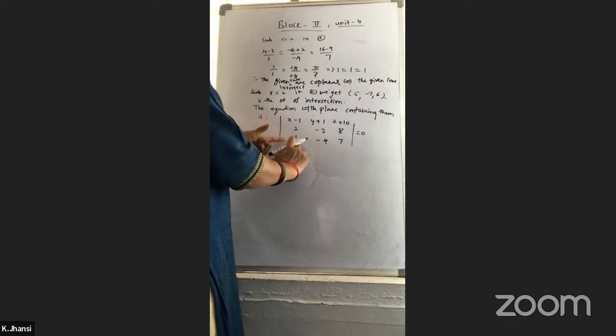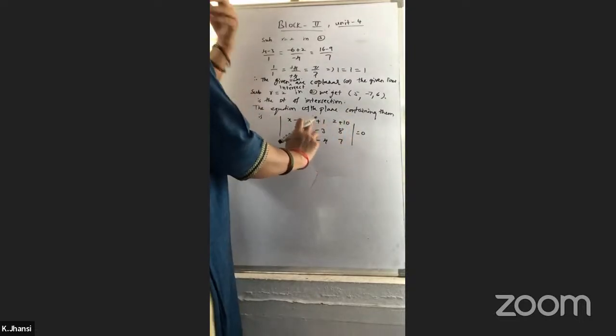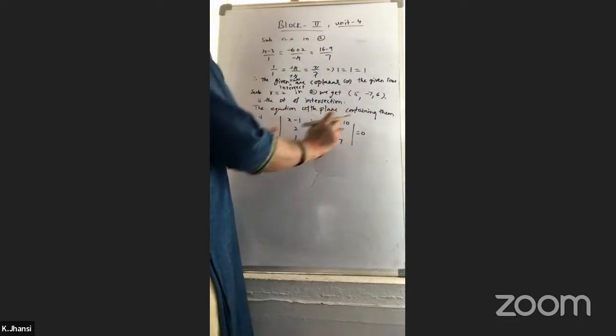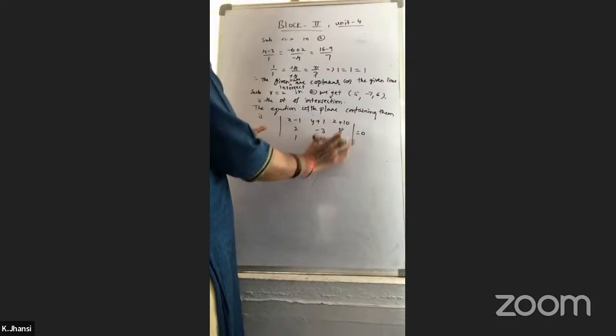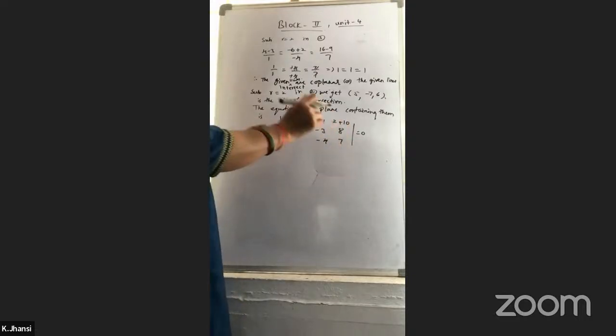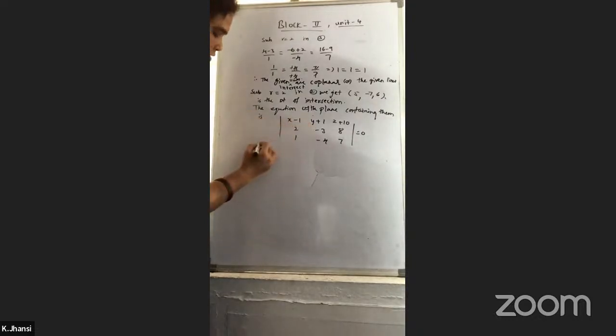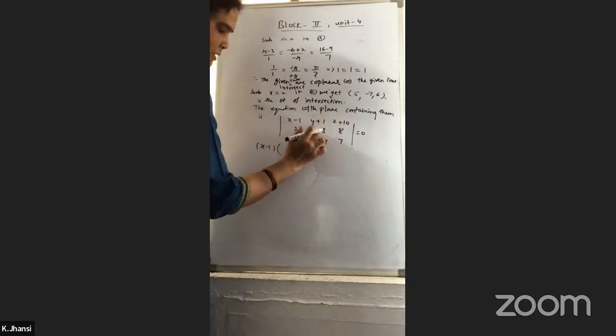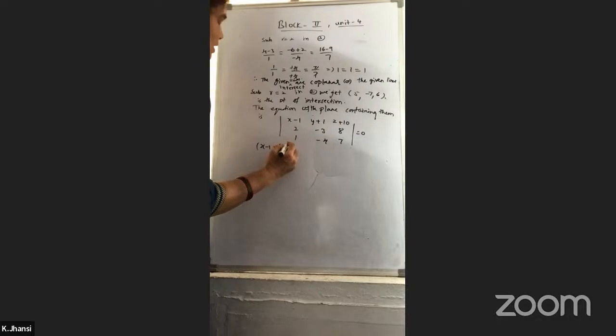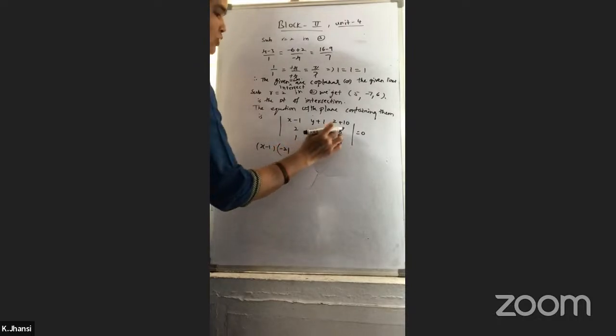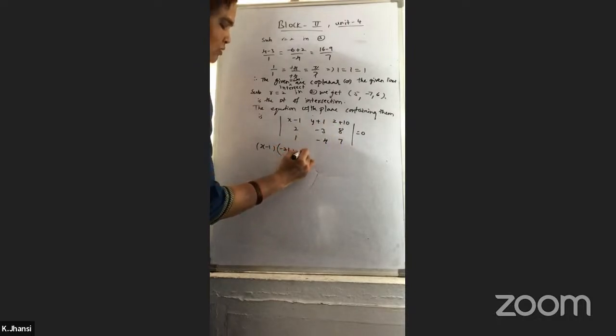First column and first row, you have to eliminate, and whatever 2 by 2 minor you get, you have to do the cross multiplication. So that is first x minus x1, and you eliminate this column and this row and multiply this one, that is 7 minus 21, minus of minus, plus 32.